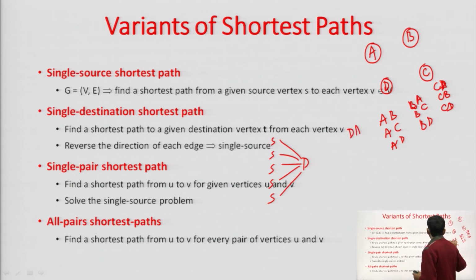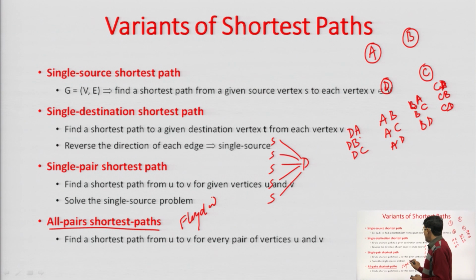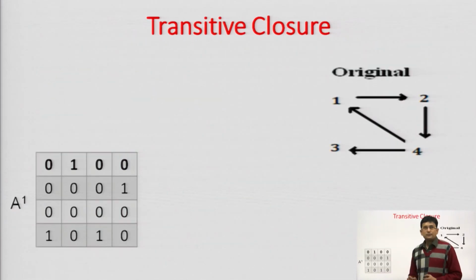Similarly, between DA, DB and DC. So you may be interested in finding out the shortest path between every possible pair of vertices in the graph. We find this all pair shortest path using an algorithm known as the Floyd-Warshall algorithm, and that will be the agenda of today's class.